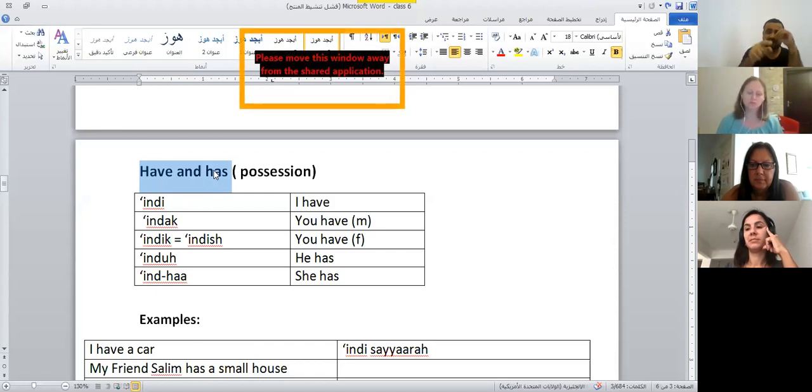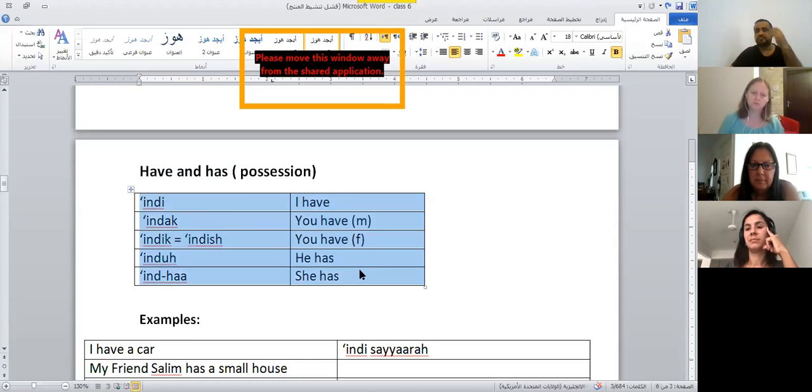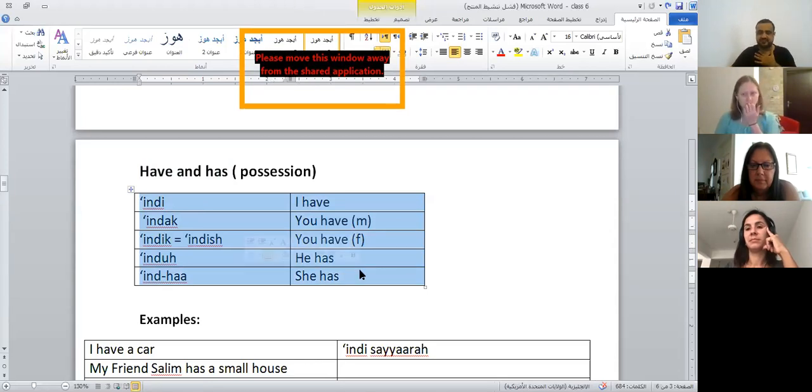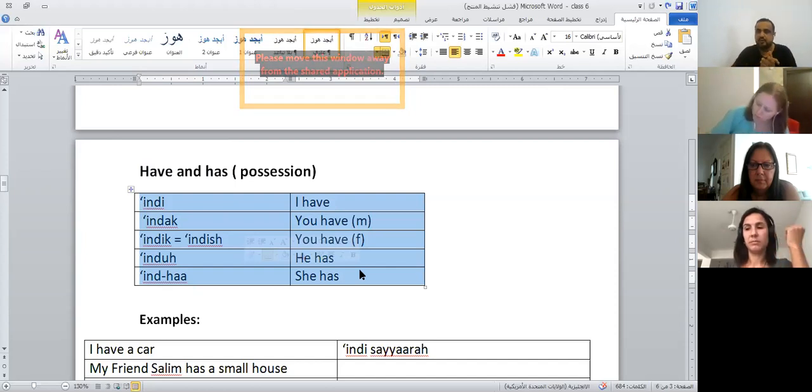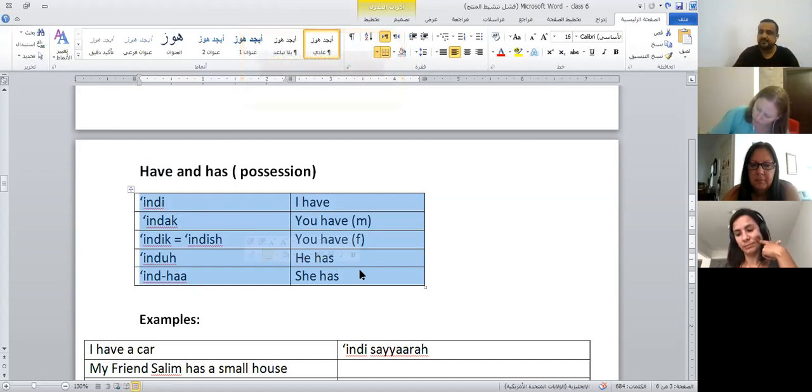But the one we are going to learn today is just to possess something, like I have an iPhone, or I have a class today, or Len has a small car, Dominica has a sister.